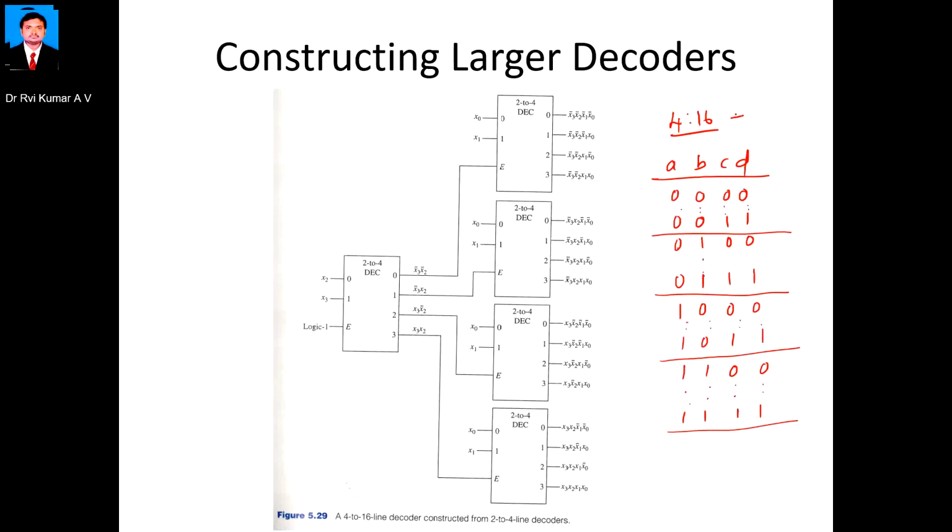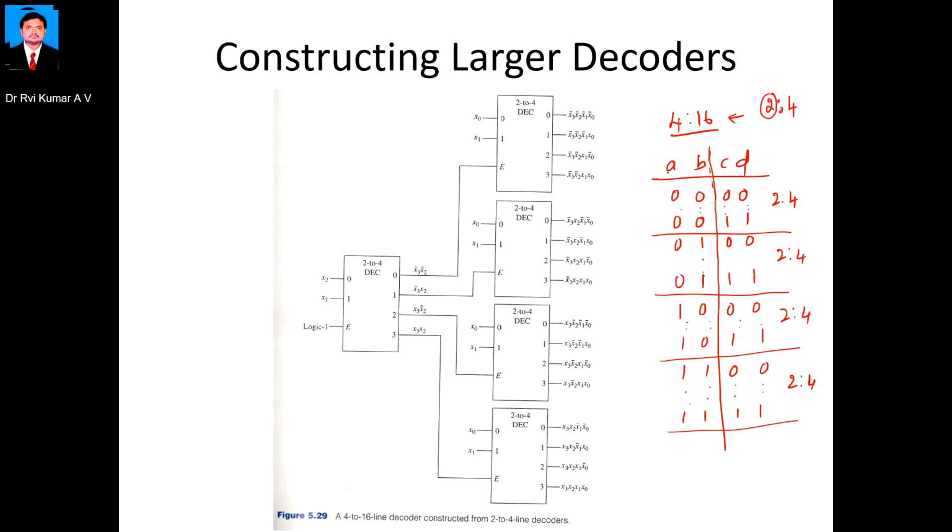Now I can realize this by using 2:4 decoders, so I take 2 inputs for my decoder so that I can differentiate these lines. With CD as the input, I use one 2 to 4 decoder, another 2 to 4 decoder, and another 2 to 4 decoder. Totally, how many outputs can I get? 4 plus 4 plus 4 plus 4, 16 outputs with the 2 inputs.